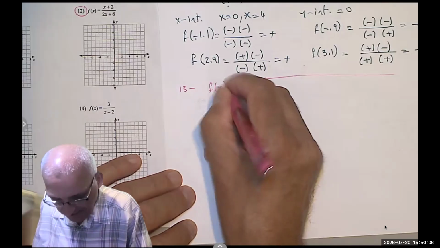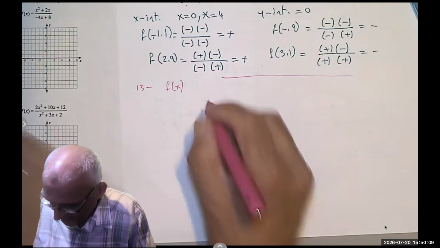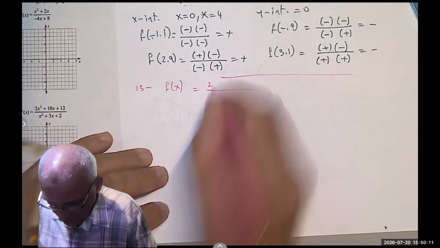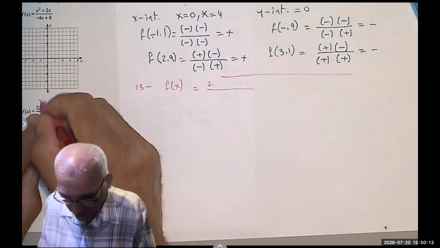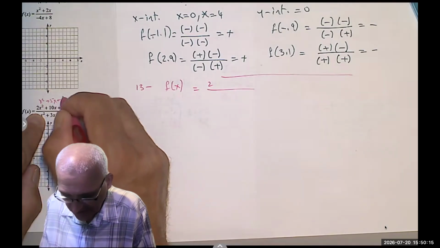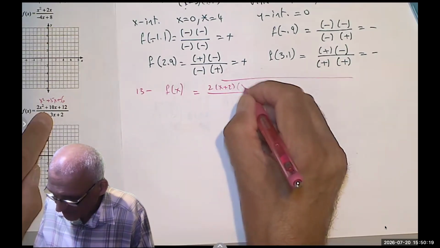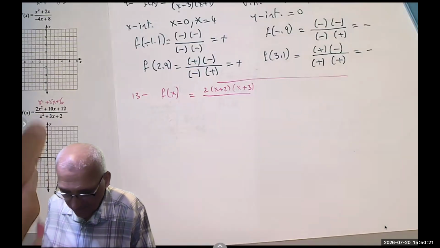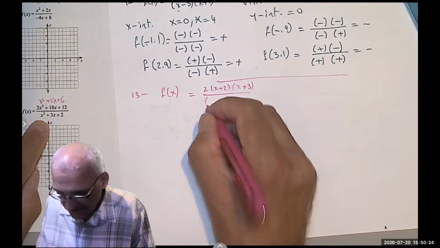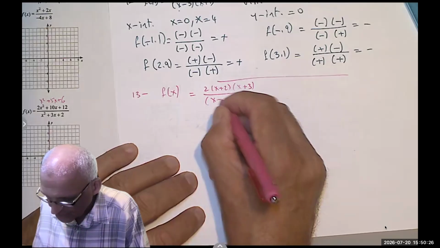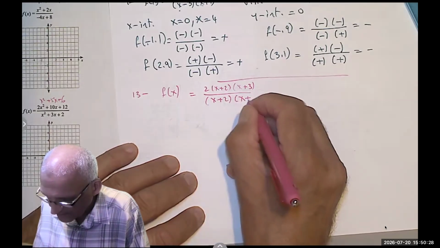F of x. And just to simplify, I'm going to take 2 as a common factor. So this is x squared plus 5x plus 6. So x plus 2 and x plus 3, right? Two numbers that multiply to 6 and add up to 5. The denominator is easy. It's similar to the one we did, x plus 2 and x plus 1.